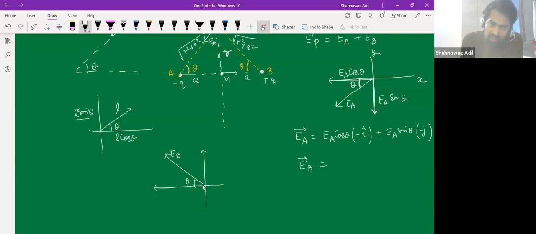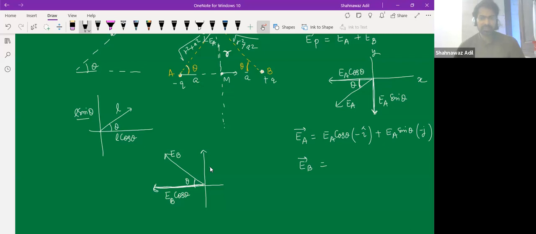So what is this component? This is EB, this is theta. So what is this component? EB cos theta. Absolutely correct. So why are you hesitating?